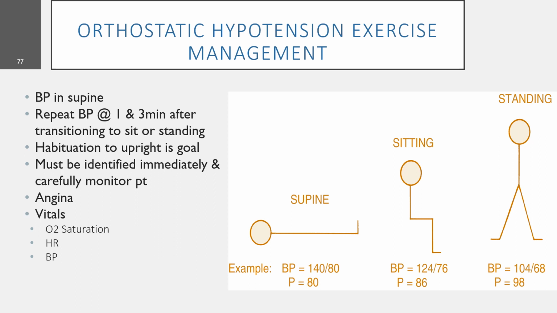Repeat the blood pressure 1 and 3 minutes after transitioning to a seated or standing position. Habituation to upright is the goal. Must be identified immediately and carefully monitor the patient. Monitor signs for angina, and monitor vital signs as well as oxygen saturation and heart rate.